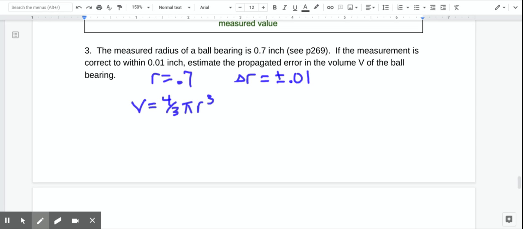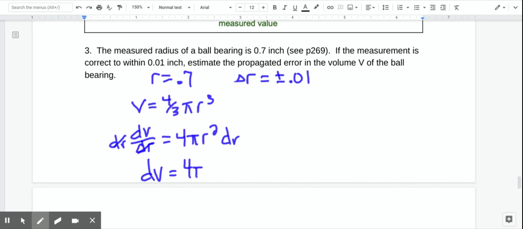We're going to take the derivative of that with respect to r, so we get dv over dr, which is 4 pi r squared. I'm going to multiply both sides by dr, so dv is 4 pi r squared dr. So dv is the propagated error in the volume of the ball.